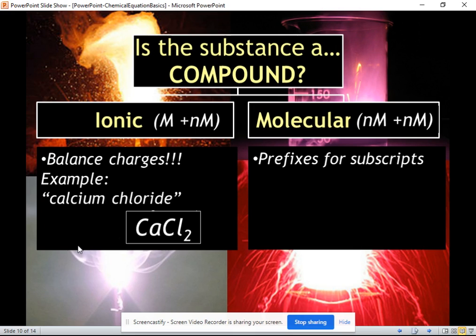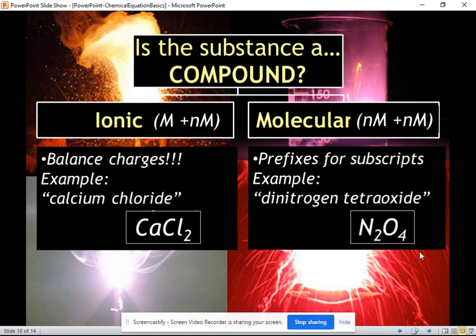So like NO is nitrogen monoxide, right? The word mono is in there as a prefix, and that gives me a clue that that is molecular. So dinitrogen tetraoxide. You're looking at dinitrogen is N2, tetraoxide is O4, and we do not reduce these.